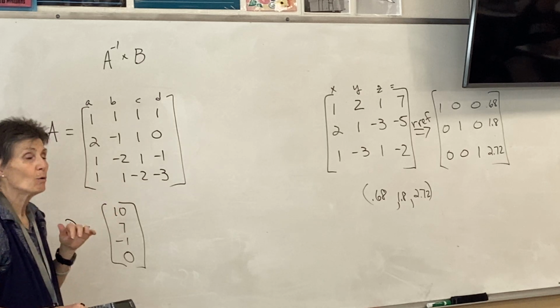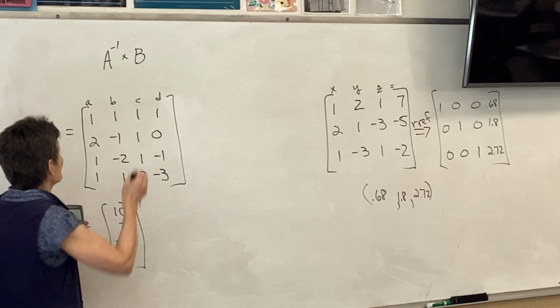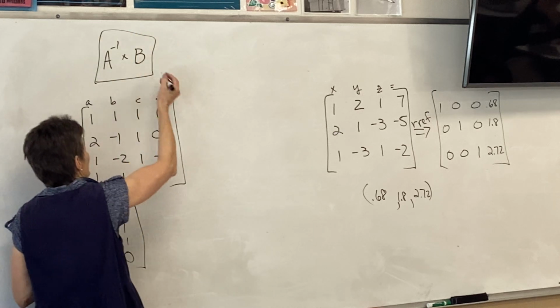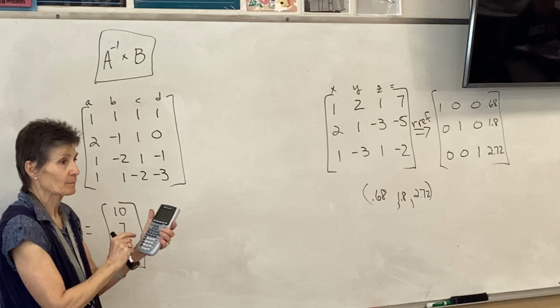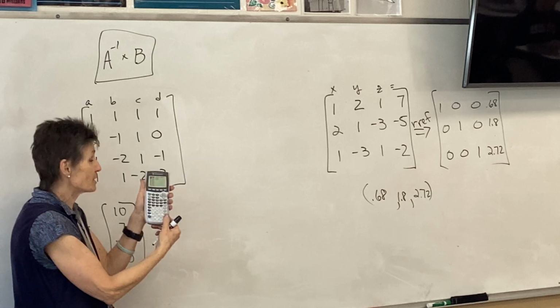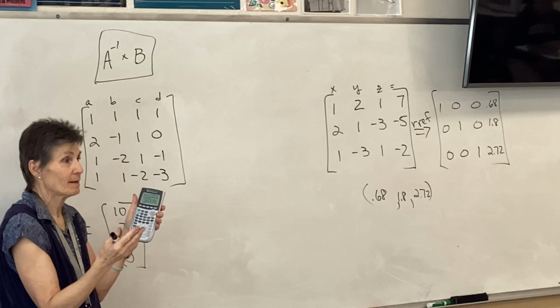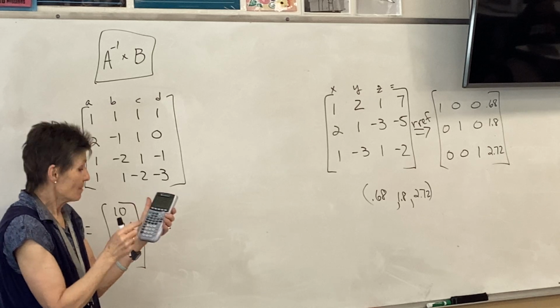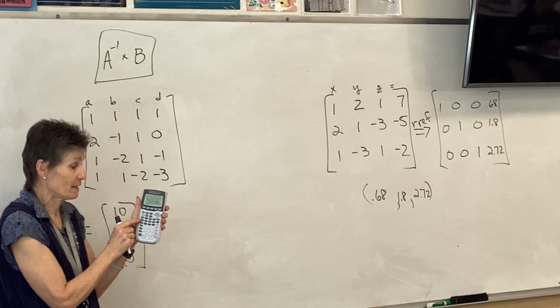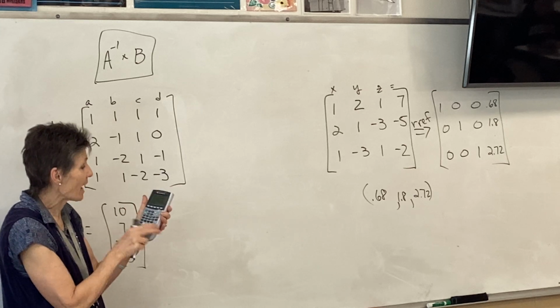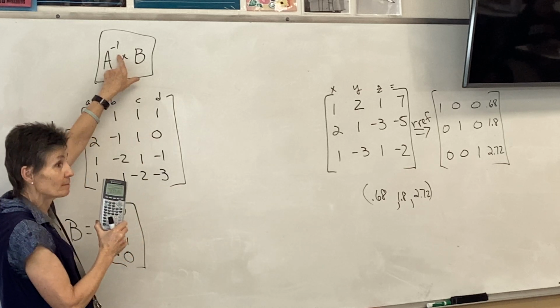Once you have both matrices in, you are going to tell it to do this. Press second matrix, and then just enter. That will pull up matrix A. Then we're going to put the little inverse on it, which is actually the matrix button, x inverse. Just press that, and it'll pop that onto it.